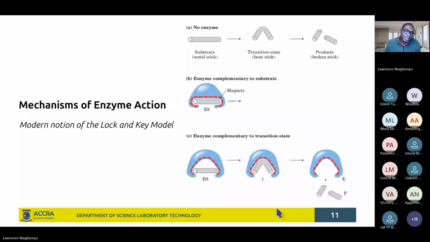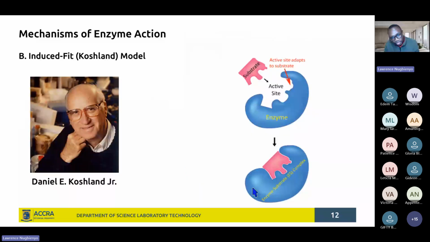So the first idea of Fischer was built upon by Daniel Koshland. He's an American biochemist. So he built on the first proposal by Fischer to say that actually the enzyme is flexible, it's not fixed. So he brought the idea of dynamism.